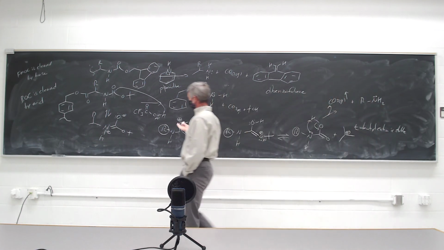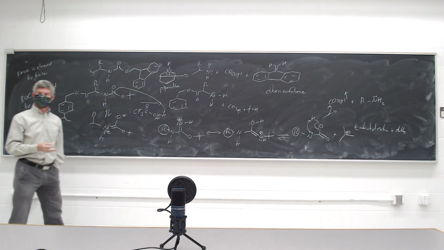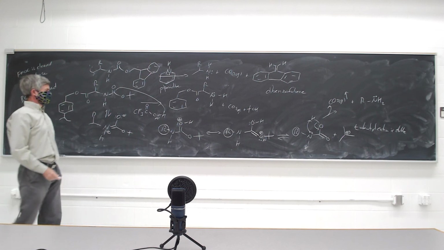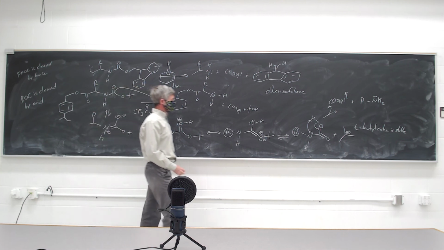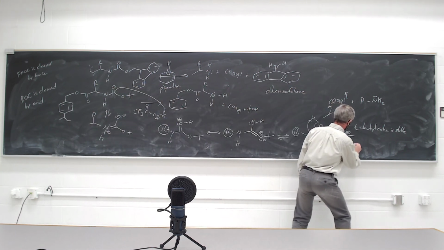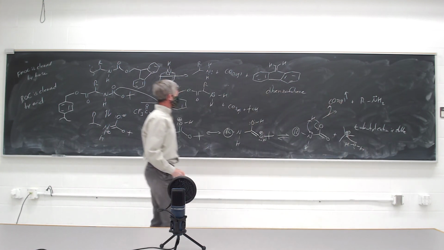So the reason it works for Boc is because of the stability of the t-butyl cation. And then that t-butyl cation is going to get trapped by water or something else that's present in there, and eventually become t-butanol.